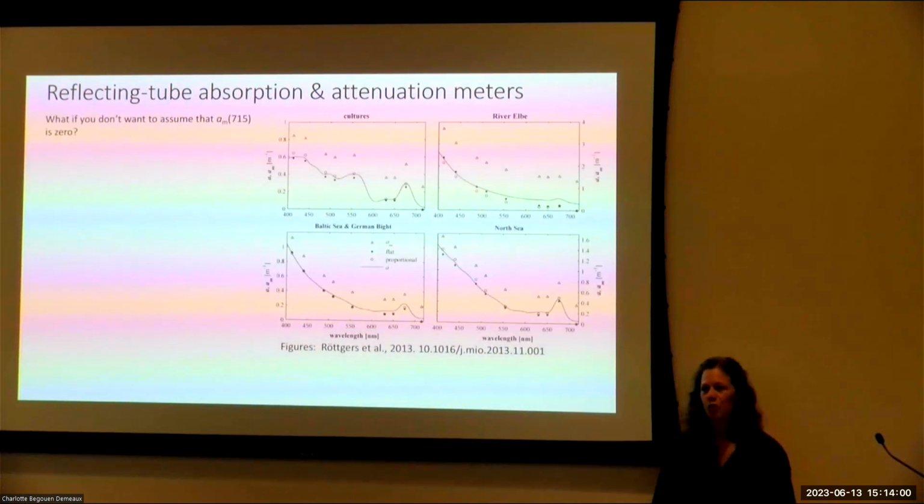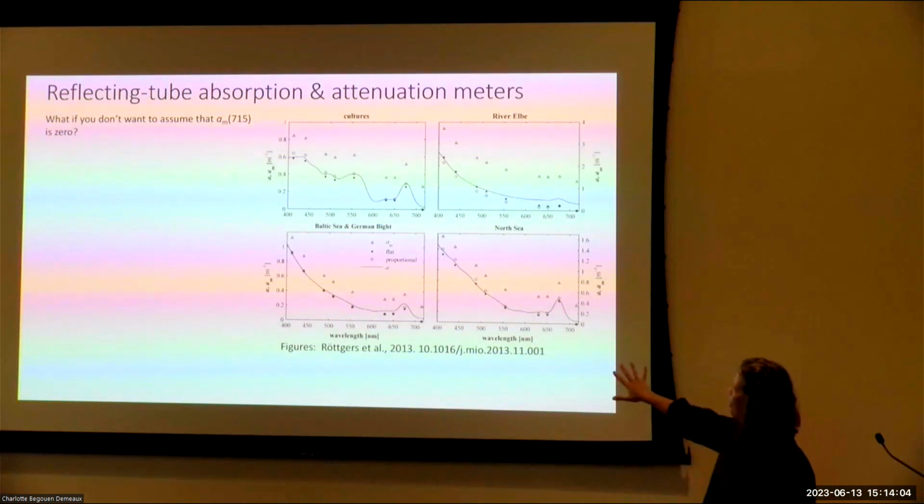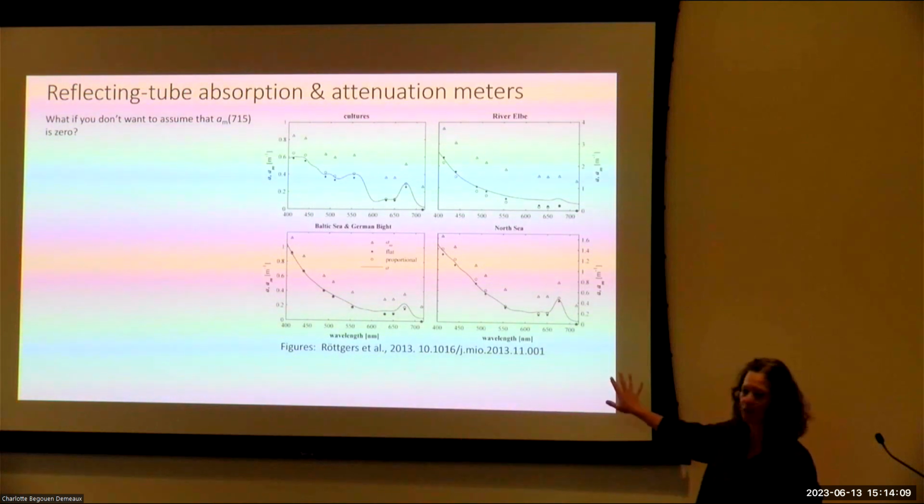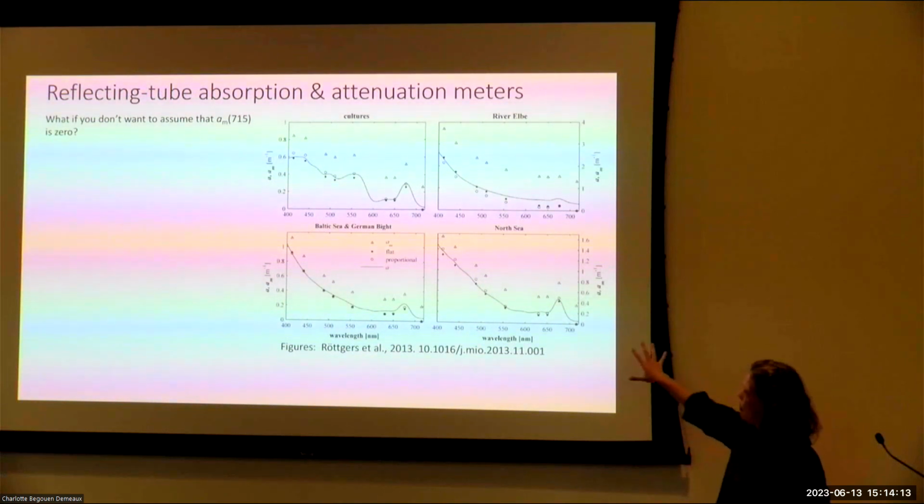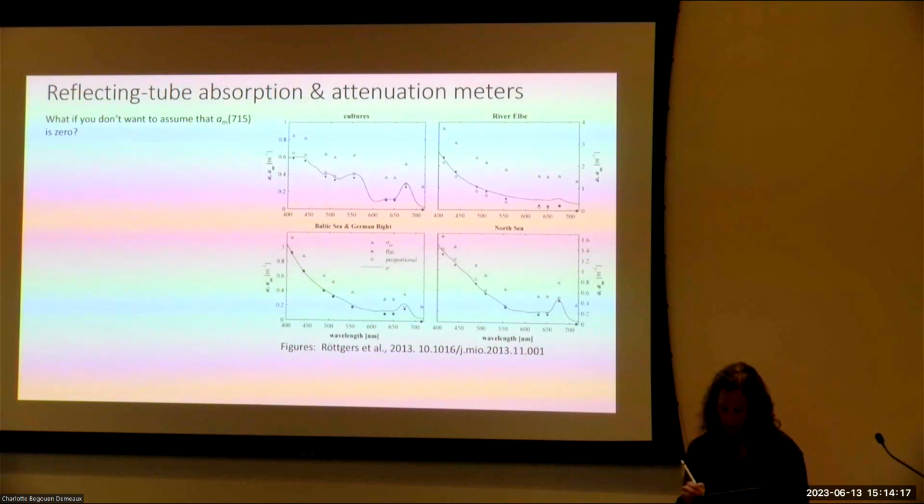Okay, what if you don't want to assume that absorption in the near infrared is 0? Here's a set of examples of all of the samples from the Rutgers study. All of them have the same symbols as on the last slide, and you can see that they have varying amounts of scattering in the near infrared. This one's pretty close, right?